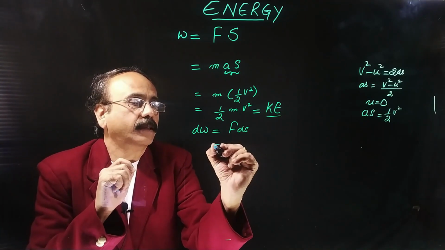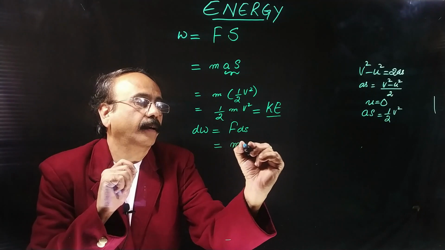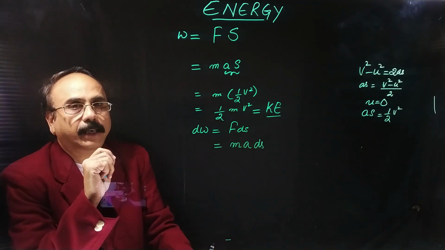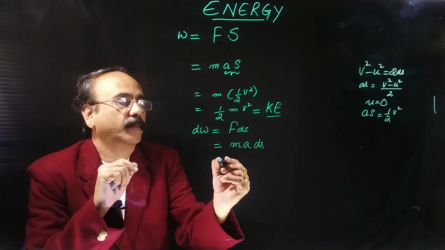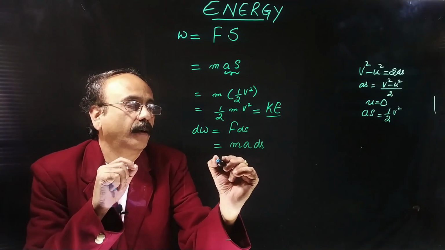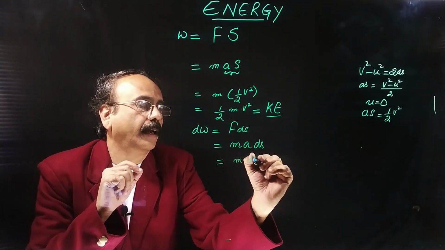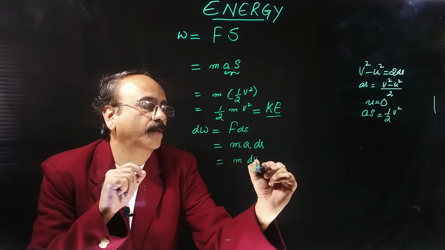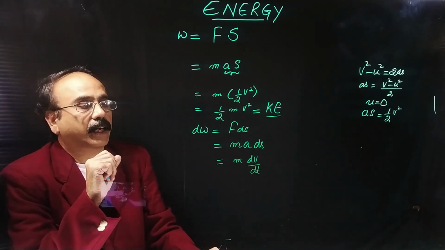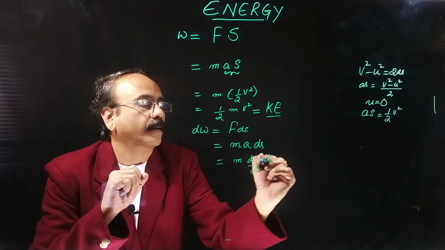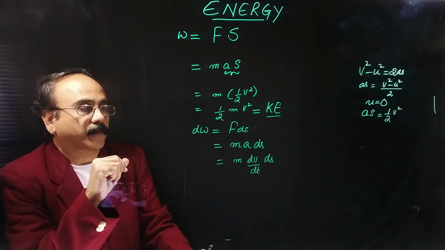I can replace this F by ma, as the force is equal to ma from Newton's second law. Now I'll write this a as rate of change of velocity, from the definition of acceleration, and then I'll write ds.